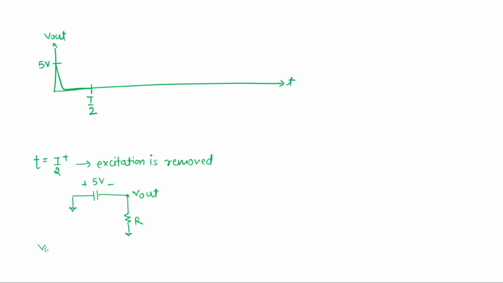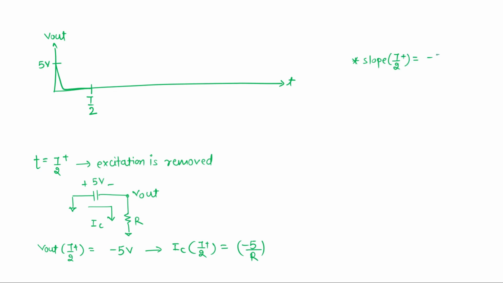So V out at T by 2 positive will be minus 5 volt. What will the current be at this instant? IC at T by 2 positive, I'm keeping the direction of current the same, because we want this sign there. So minus 5 by R is the current, and the slope at this point will be minus 5 by RC.